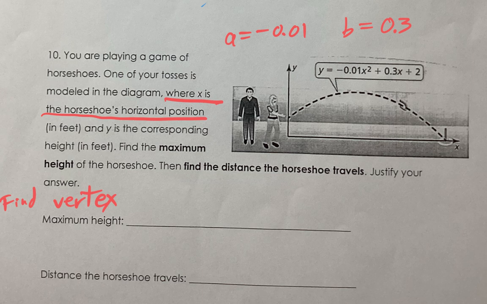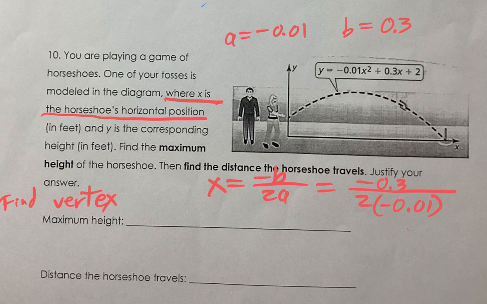All right, so what is x? x equals, as we said above, negative b over 2a. So that's going to be negative 0.3 over 2 times negative 0.01.